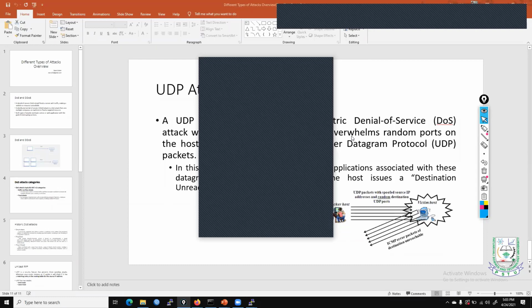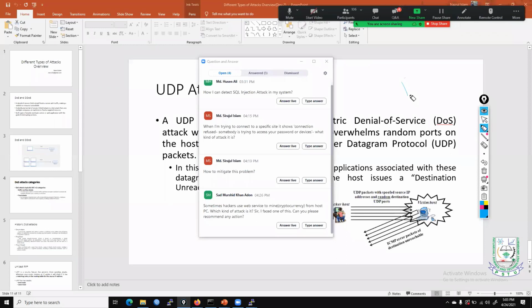So how do we mitigate those problems? You have to ensure how many ports are available. Let me give you an example. So this is your server.